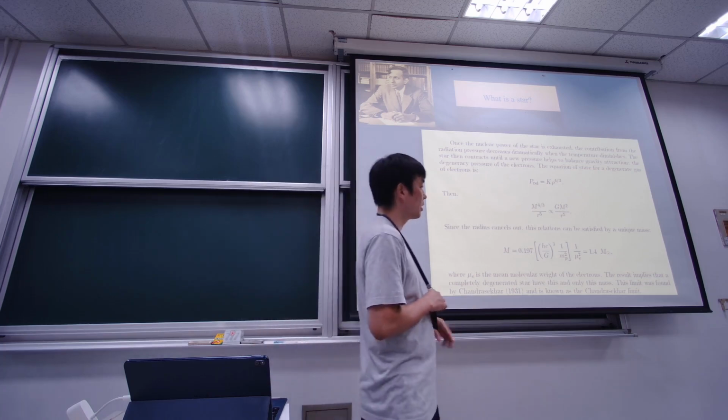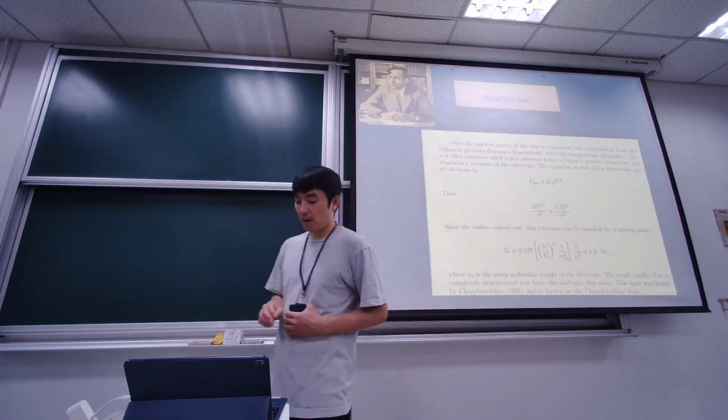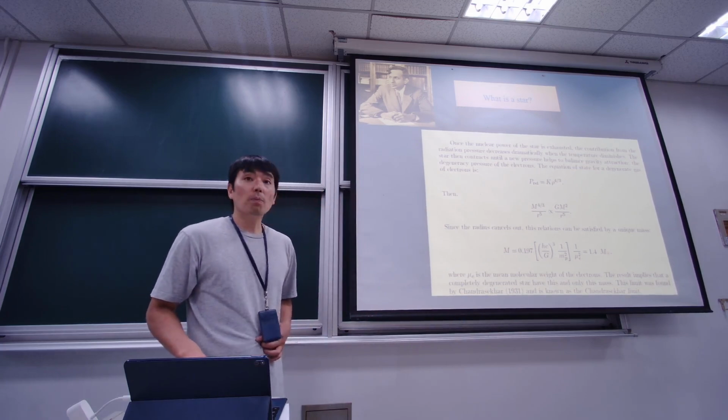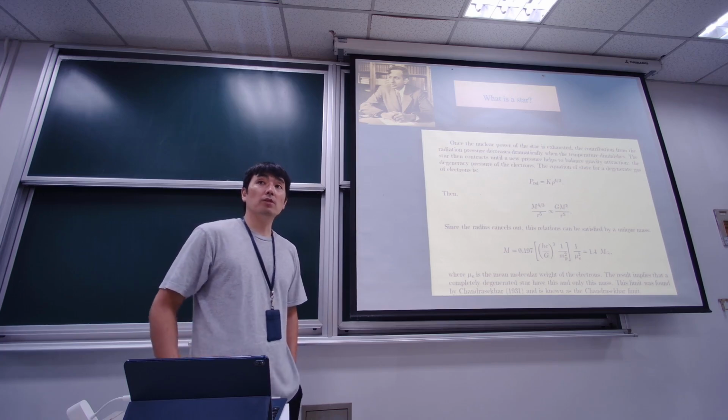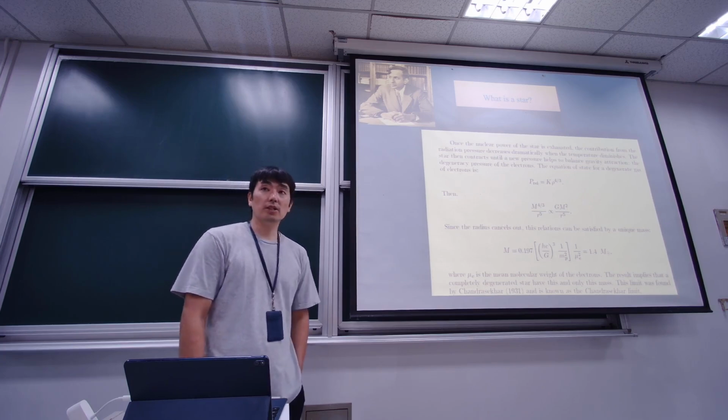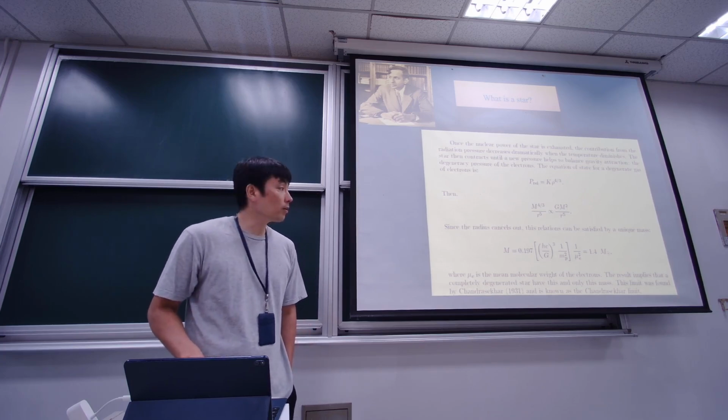Then Chandrasekhar found his famous limit to support this gravitational collapse versus electron degeneracy forces. That's 1.4 solar mass.